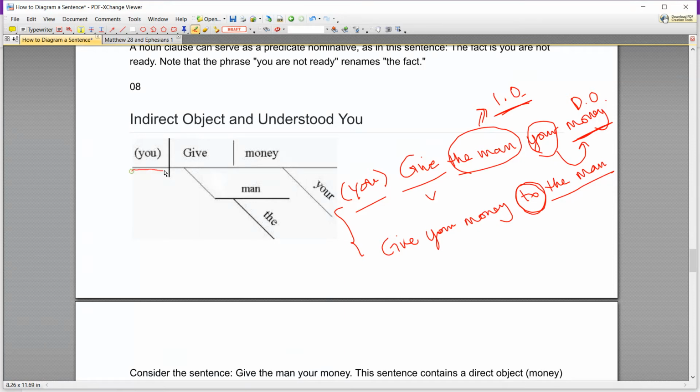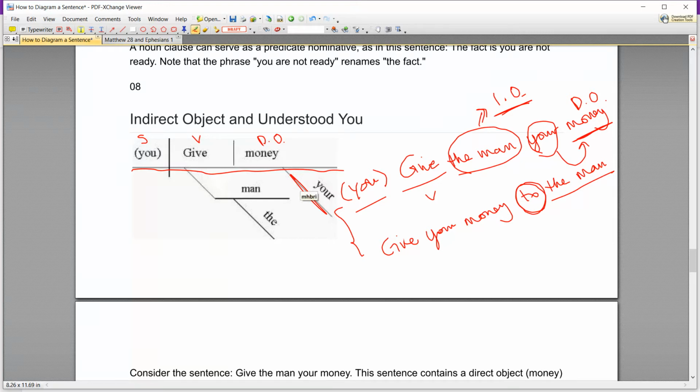So draw a baseline here. You will put you in parentheses because it's understood you. It's not really there, but it's presumed, because it's a command. Give. So this is subject, verb, and this is direct object. Give money. Whose money? Your is a possessive pronoun.